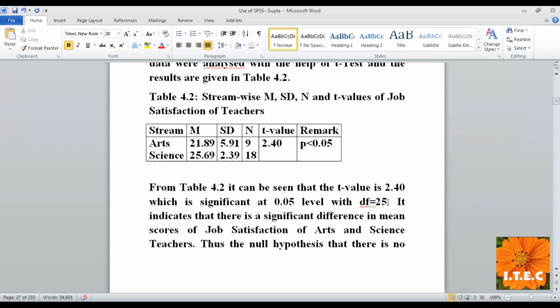Now the second sentence is related with the first sentence, and this will be the same. It indicates that there is a significant difference in mean score of job satisfaction of arts and science teachers. Now the change will be in the third. In the third, instead of null, I will write directional.